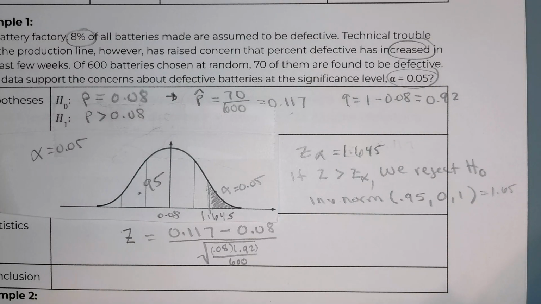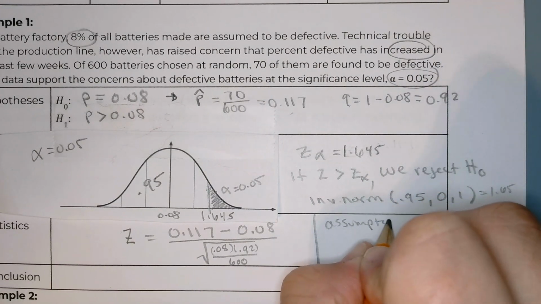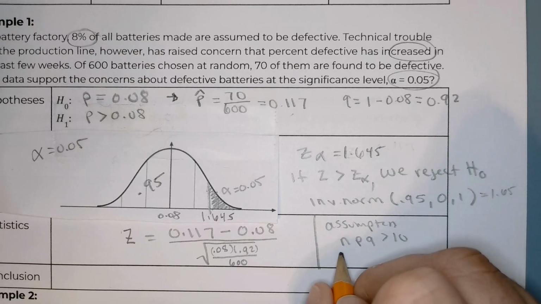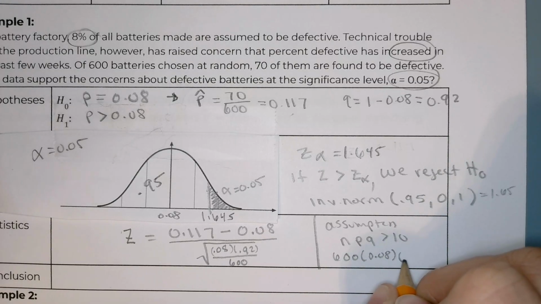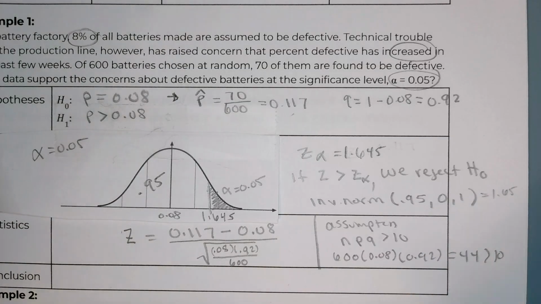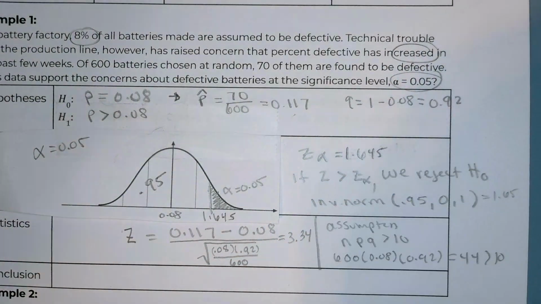It's the same number; I just have a more accurate number because I used the table. I should have technically checked my assumptions for the test statistic. I forgot. Make sure that n times p times q is greater than 10. These numbers give me 44, so my assumption worked and I could run the test statistic. This number is 3.34.